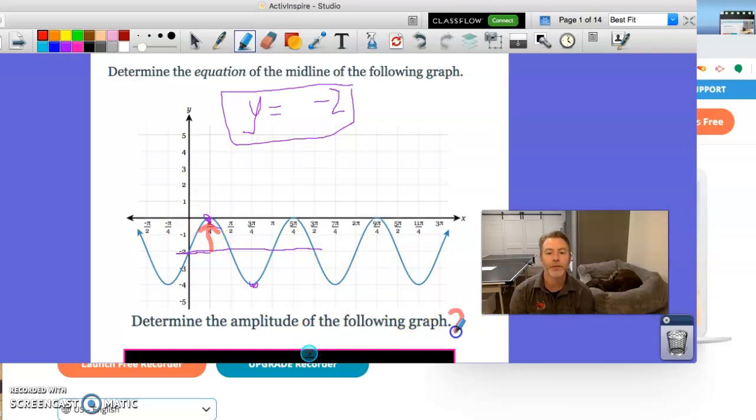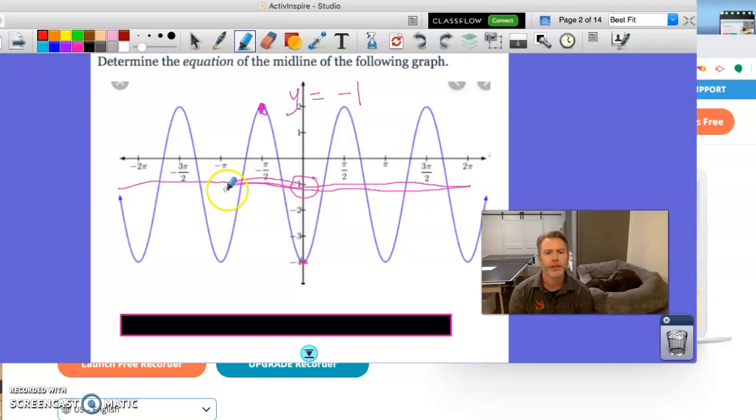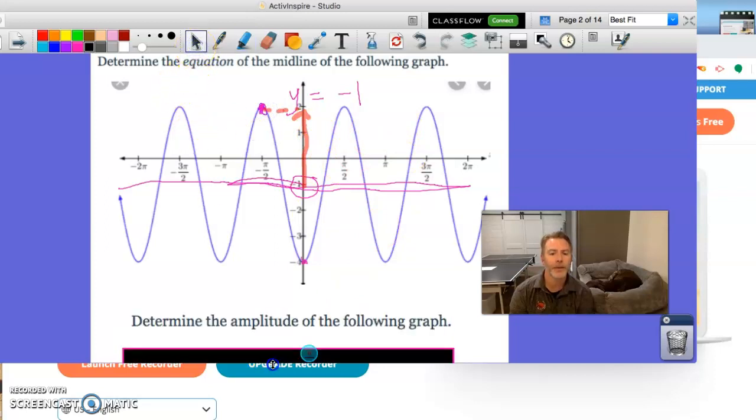So our amplitude for this graph is just 2. No need for an equation, it's just a numerical value. Let's do another one. In this graph, we found the midline at -1. Here's your high value. If we count up, that's 1, 2, and 3. So our amplitude of this graph is 3.